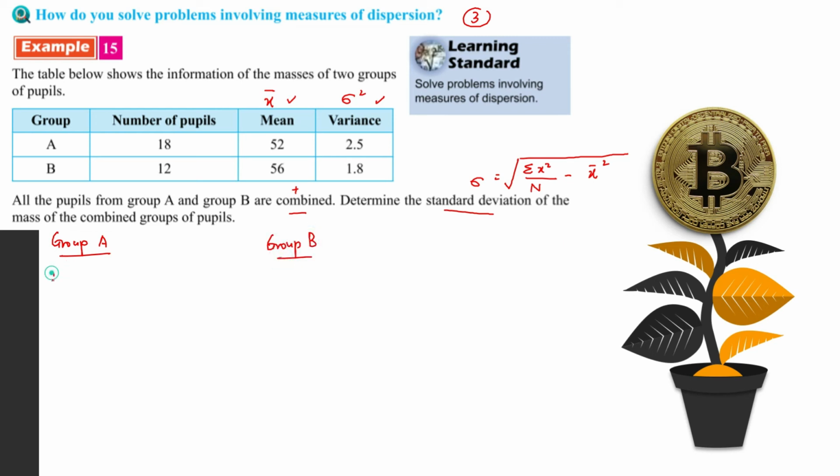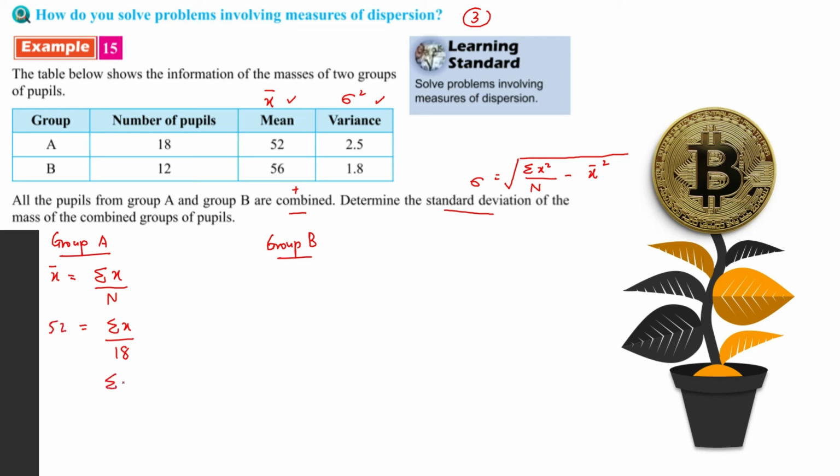Okay, so let's look at the mean first. Mean equals the sum of x over n. Because we don't know what the sum of x is, this is really important. So here the sum of x over n is 18, x mean is 52.